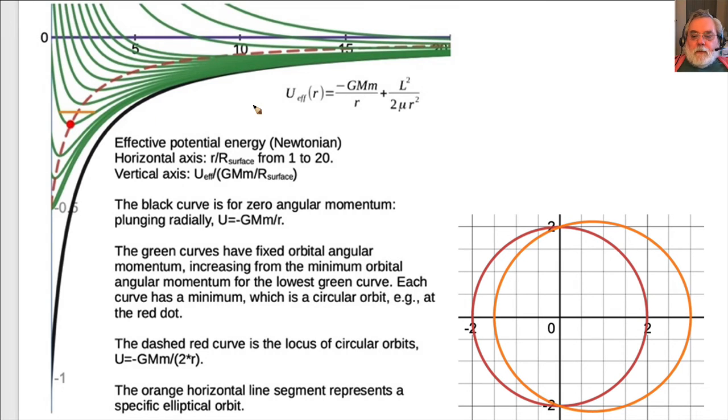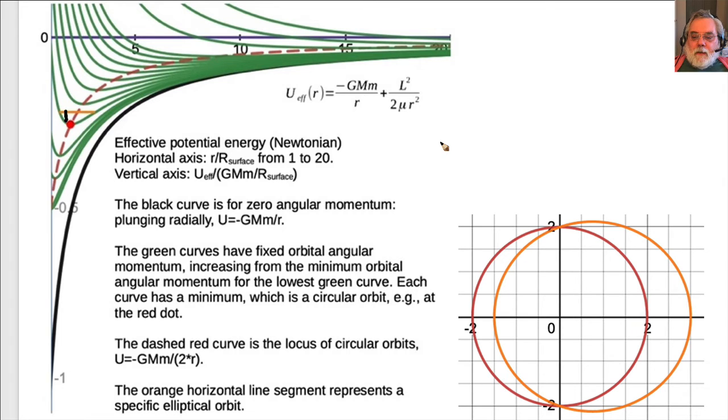Let's take some radial distance between our min and our max for this ellipse. If we subtract the green curve effective potential energy from the orange line segment total energy, we get a positive energy that is the radial kinetic energy for the orbit at that radial distance.